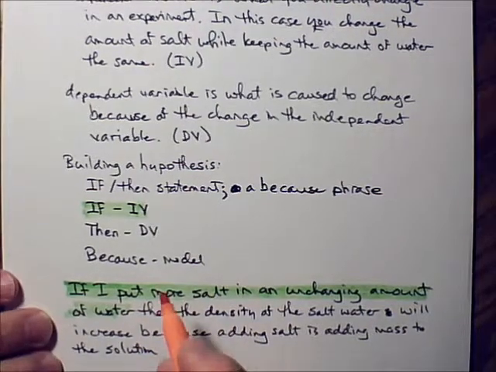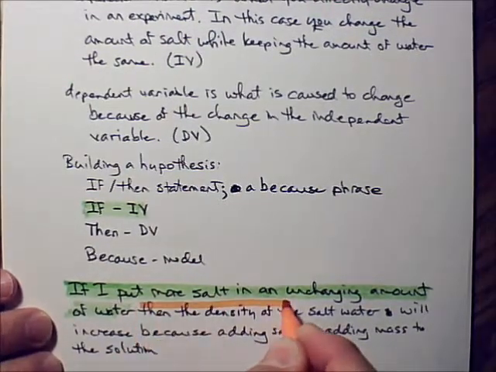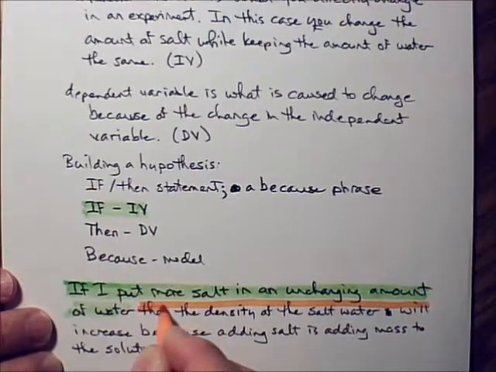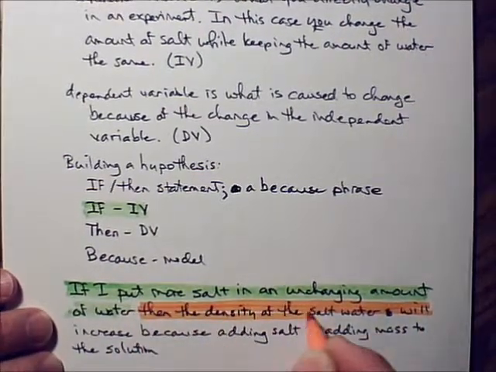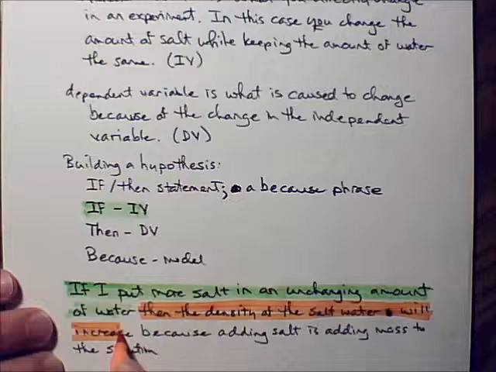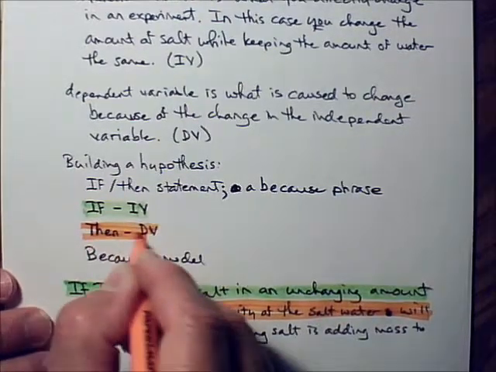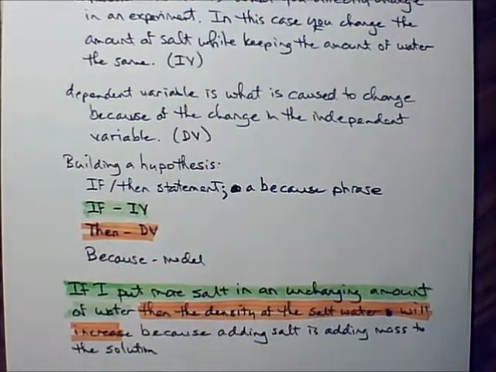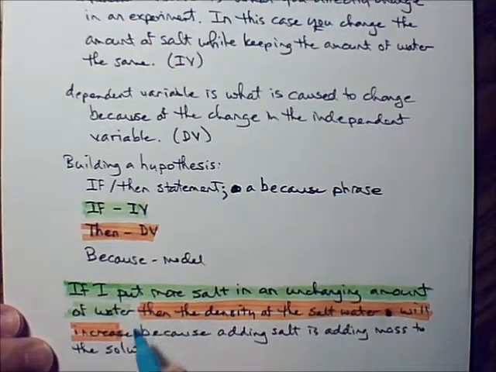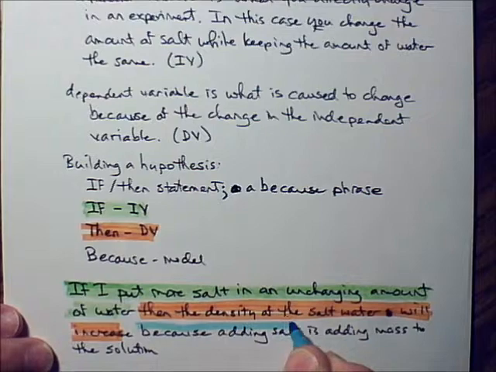Then the density of the water will increase. That's our then part of the statement, which is the dependent variable. And then we have a because statement down here, which is explaining why we think it will happen. That's our model.